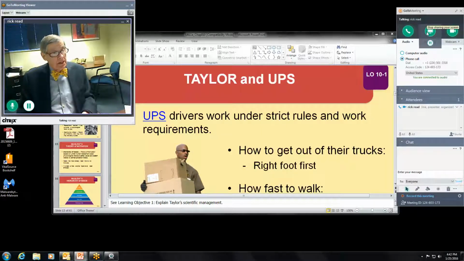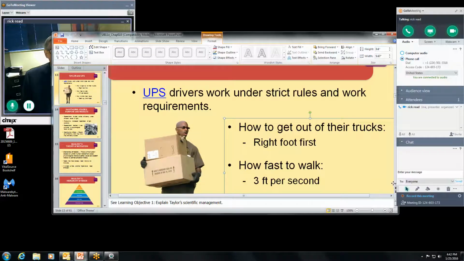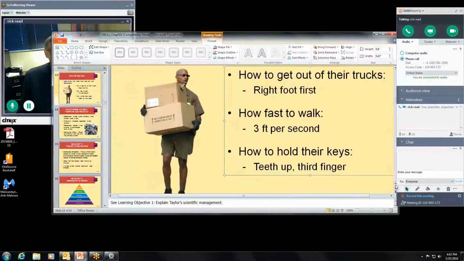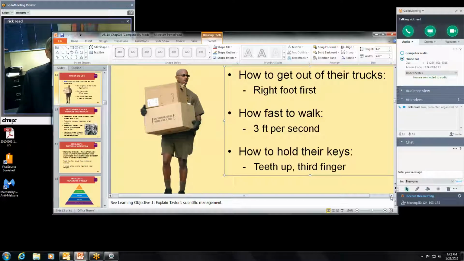Notice how you get out of the truck, how fast to walk, what finger you carry your rings on, etc. Many people rebel at that, but UPS has been very successful in using those.